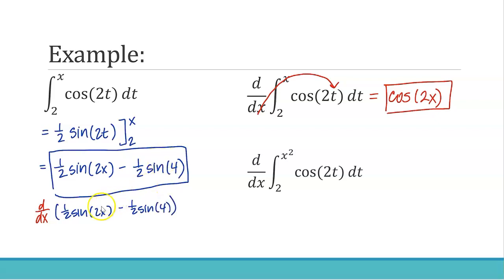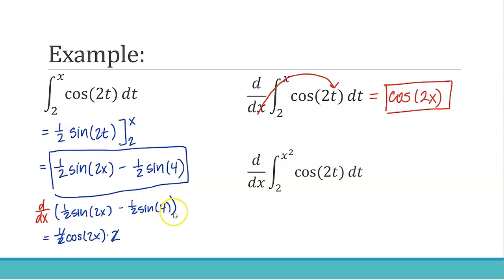Well, what's the derivative of 1/2 sine of 2x? Well, it would be 1/2 cosine of 2x times 2. What am I using here? The chain rule, right? The derivative of sine is cosine. The derivative of the inside, 2x, is just 2. So the 1/2 and the 2 would cancel.